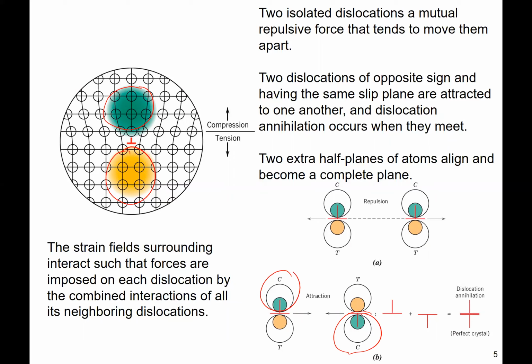In one case you had an extra half plane up here, and in the other case you have an extra half plane down here. If you bring them together, they actually align, and now you have a new plane, but it's perfectly aligned, and mathematically it looks like the rest of the crystal. So you can actually annihilate dislocations by bringing two opposite dislocations together.